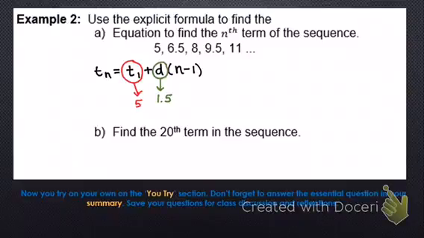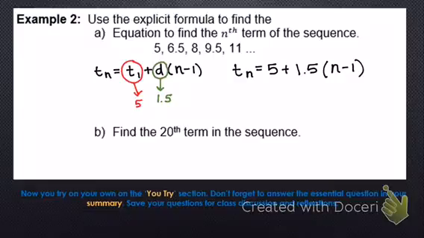Those are the two things that we need. So we're going to take that information and plug it into our formula. In our formula, again, we've got T sub n equals T sub 1, which is now 5, plus our common difference of 1.5, and then in parentheses is always n minus 1.